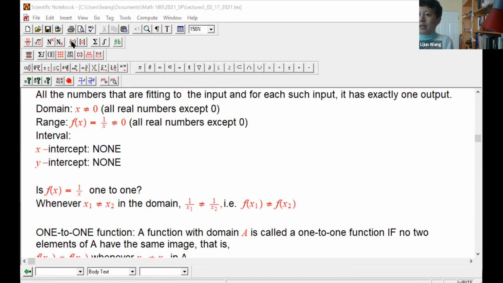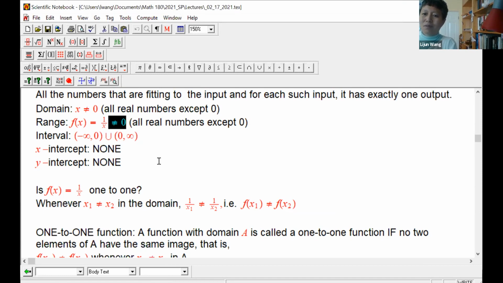You can write it right here: from negative infinity, comma 0, union 0 to positive infinity. Got it. So this is much easier.